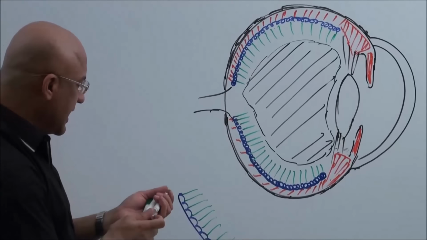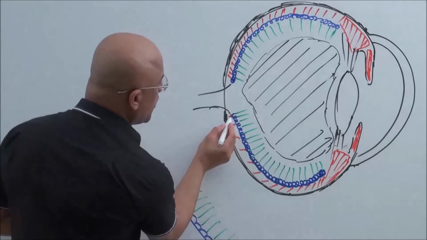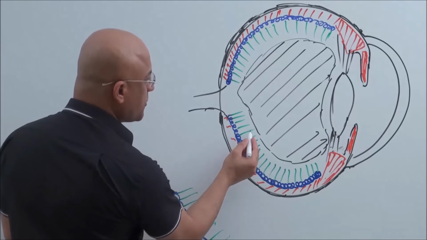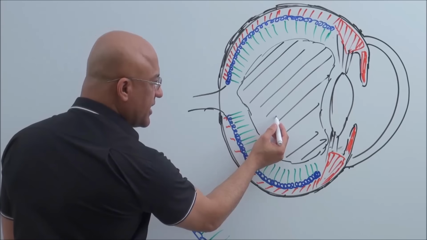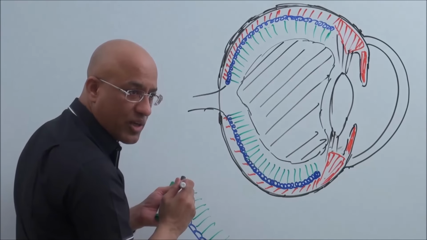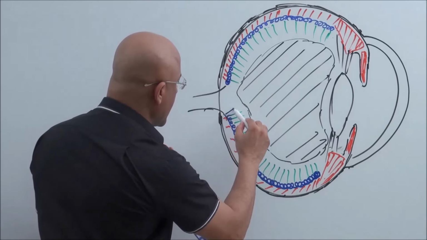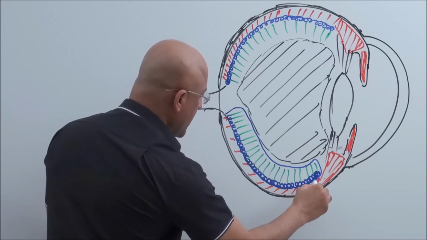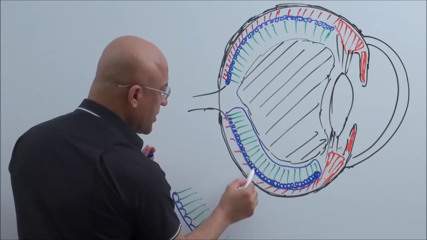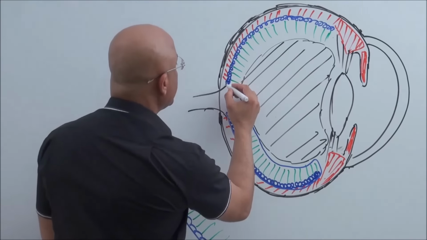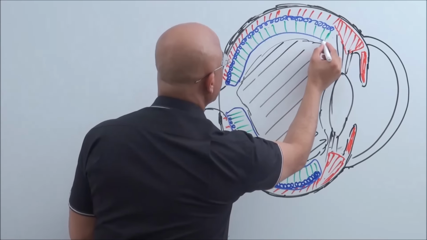We can see the retina is basically sandwiched between the vitreous body inside and the choroid outside, right? So what we can say is that this is the retina, its pigment layer and neuronal layer, right? Here also I will make the retina like this.